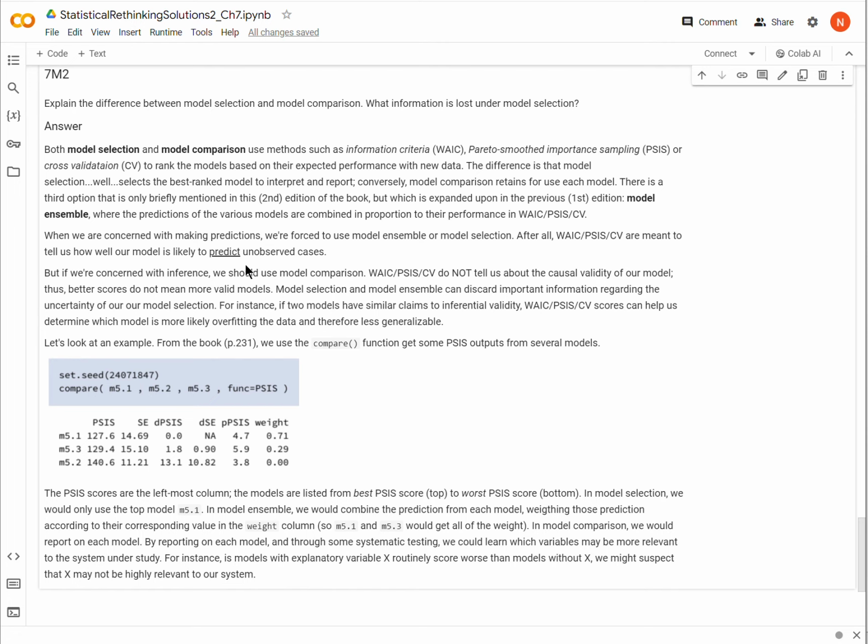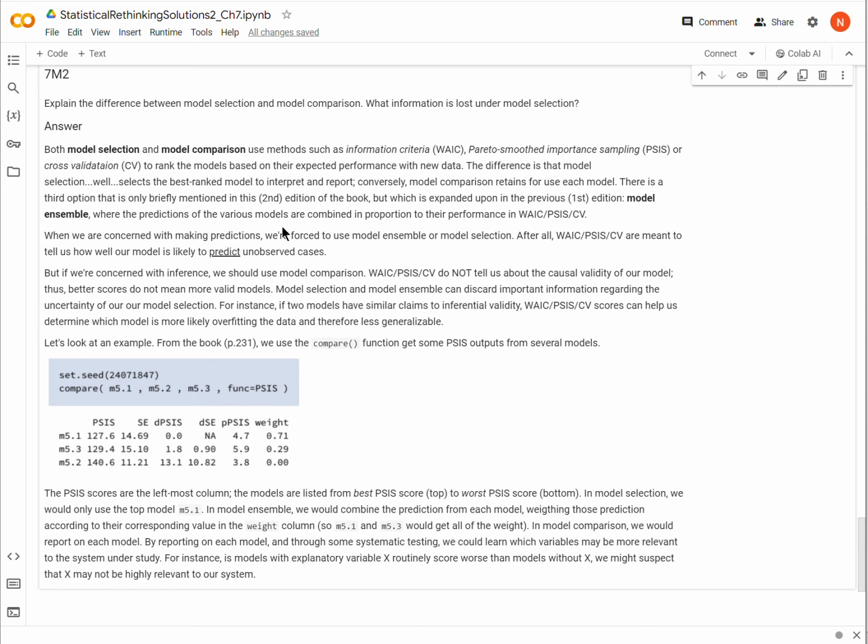When we are making predictions, if we're using our models just to make predictions, we're really forced to use either model selection, the best model, or an ensemble. Obviously, because if we need to make one prediction, we have to have one method by which to arrive at that one prediction.